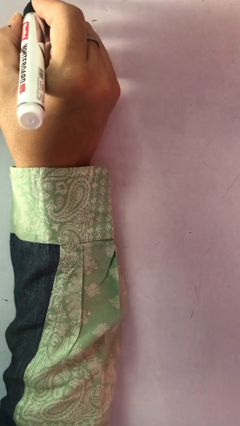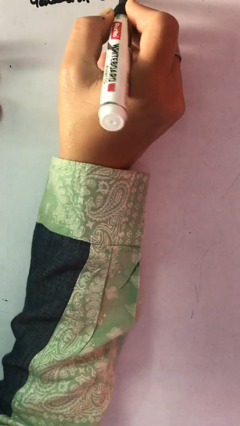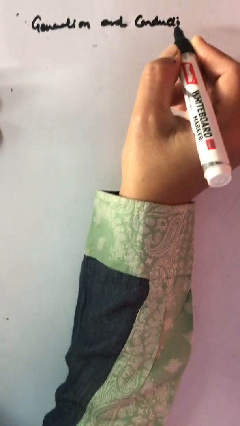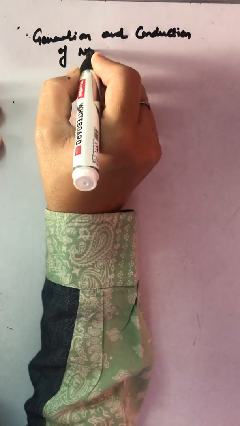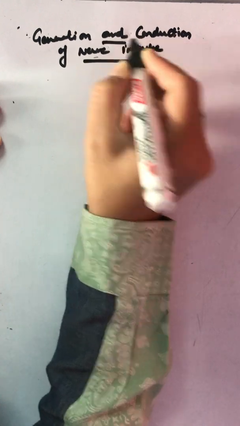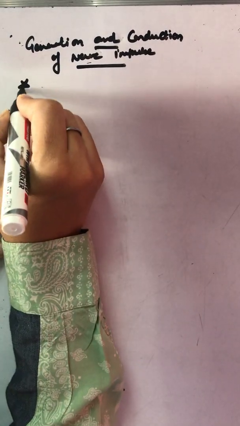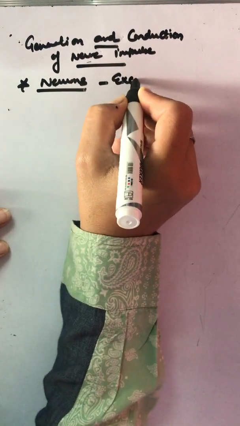When this impulse reaches... So this is generation and conduction of nerve impulse. Fine. In this, the first thing we should know is that neurons are excitable.